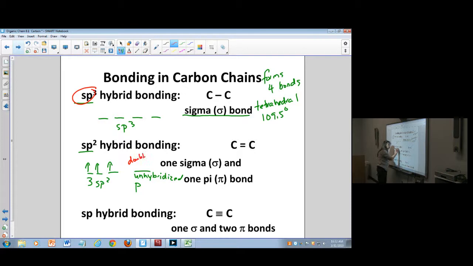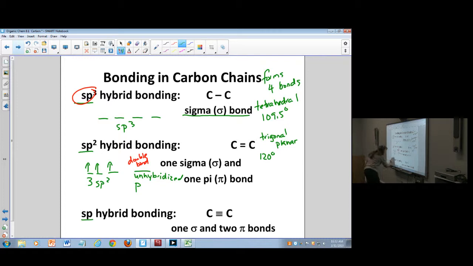It comes through here. That's where we form that pi bond. But at any rate, sp2 hybrid orbitals, these are trigonal planar in shape, or geometry, I guess. They have 120-degree angles between them.